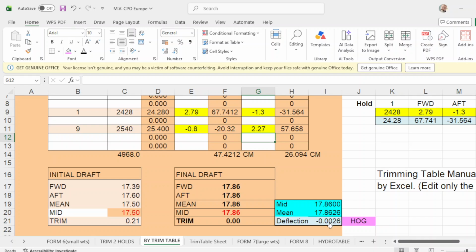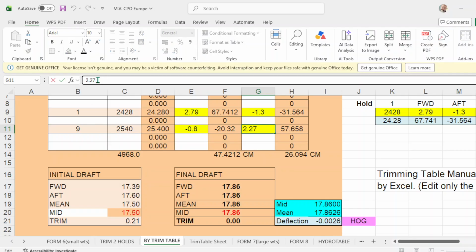See, it has reduced from 3.8. It will reduce. Take note. 2.8, then we make this 2.7. Then that reduces. So if we reduce this one, make it 2.6.